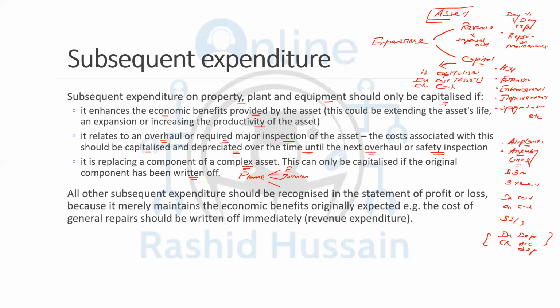These three are going to be capitalized. Other than that, everything is going to be expensed out. And when we say expensed out, that means debit profit or loss, and credit cash. And when we say capitalized, then debit statement of financial position, that means debit asset, credit cash. So this is something related to the subsequent expenditure.